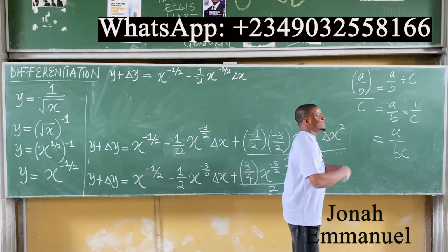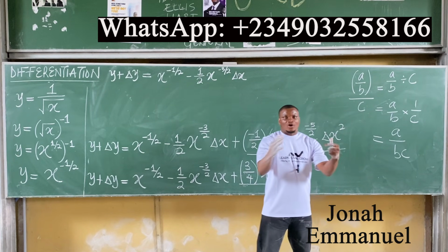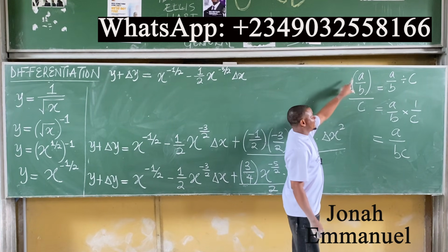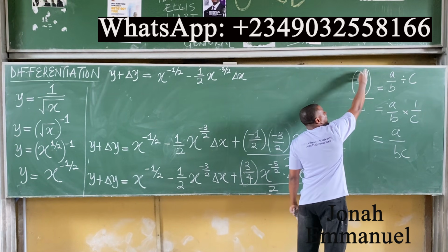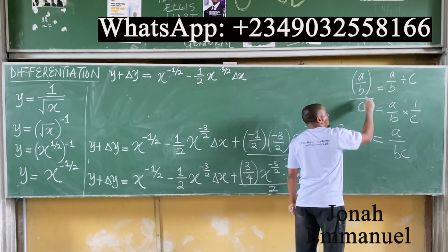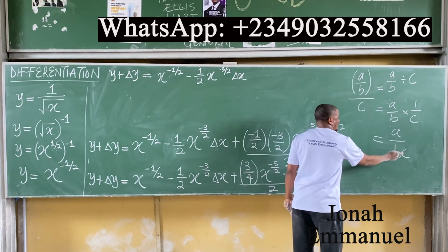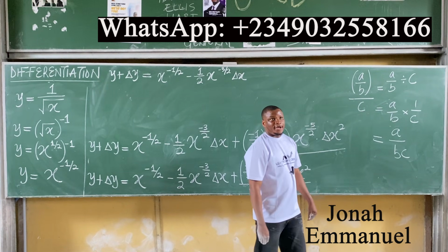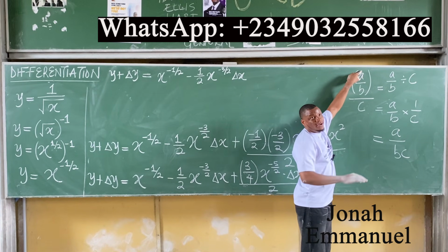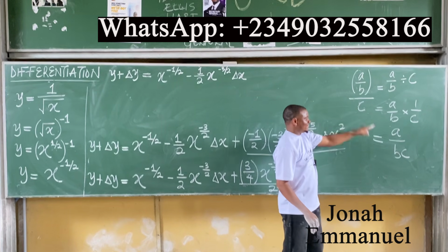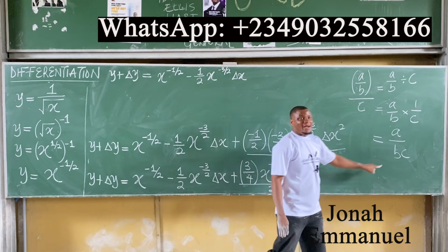So here's the summary of the whole matter. If I have a fraction being divided by a term, this will be equal to keeping the numerator a constant and multiplying b times c, bc. Again, keep the upper numerator a there, multiply these two terms, b times c. Why am I saying that?